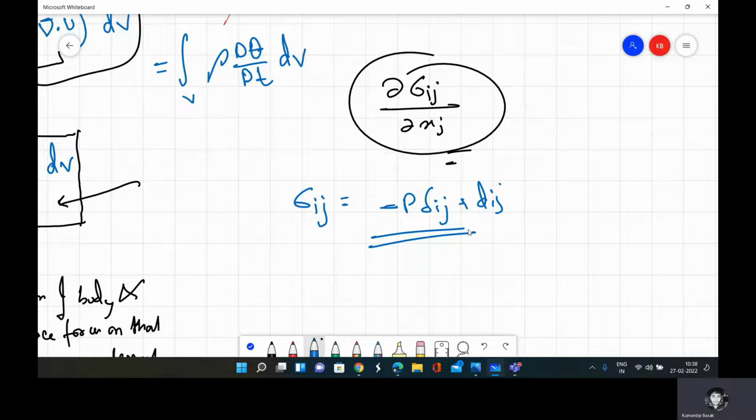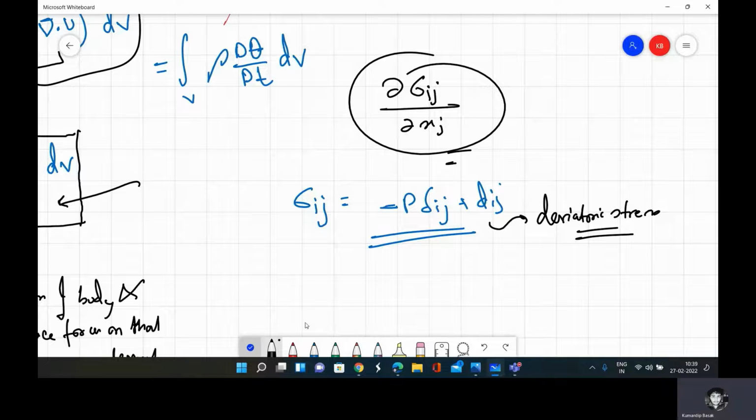That is the counterpart of this normal force, where the stress is composed of the normal and the shear. So that is the shear force part, D_ij, the deviatoric stress.